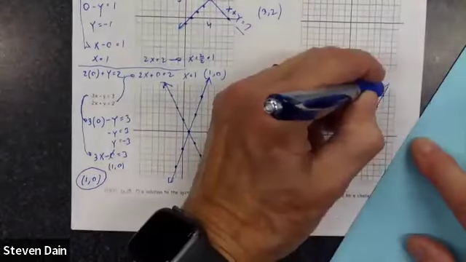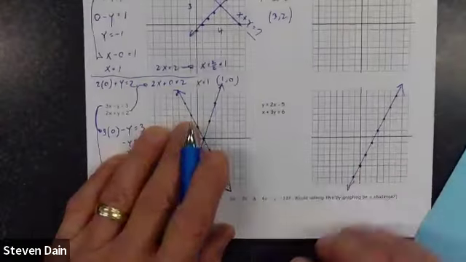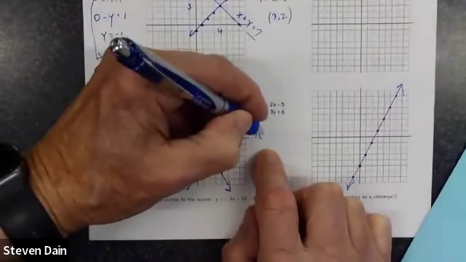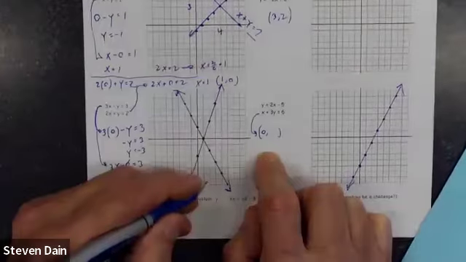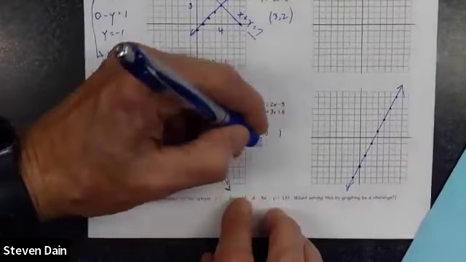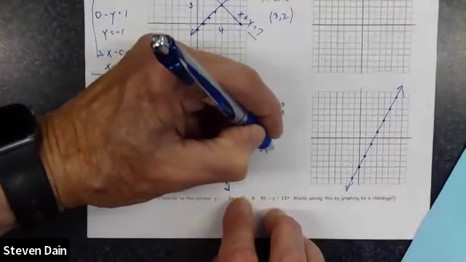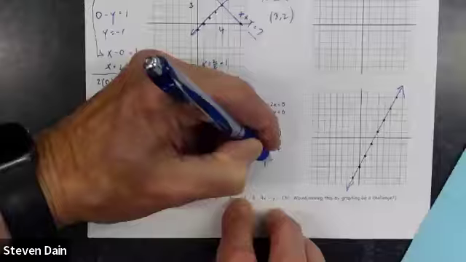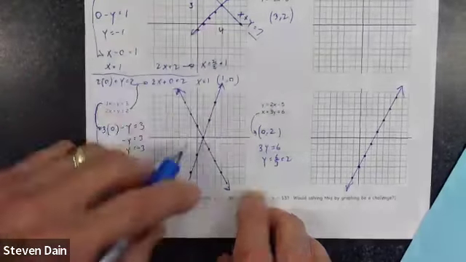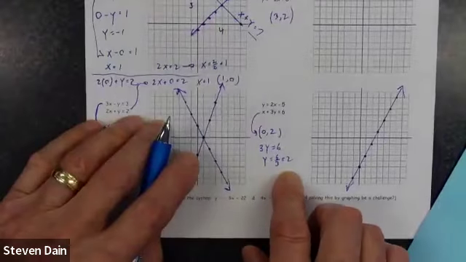Okay, pretty good. Bless you. How about the other equation? If I plug in 0 for x, it's going to say 3y equals 6. If it says 3y equals 6, then y is 6 divided by 3. If I plug in 0 for x, I get 2 for y.